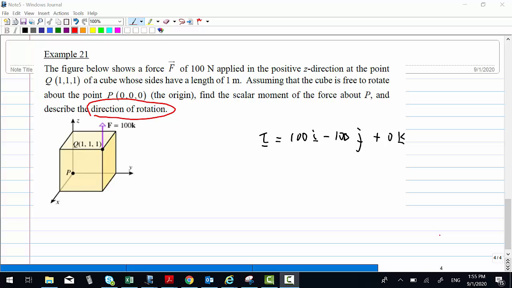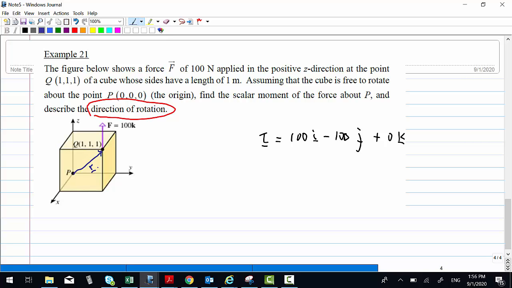The last part of the question is to answer the direction of rotation. This is a direction perpendicular to r and F, where r is this vector, and F is the force acting at Q. The axis of rotation is found from i and minus j, right?